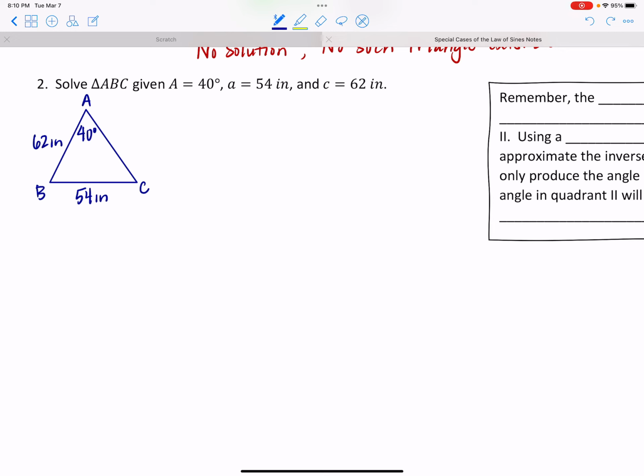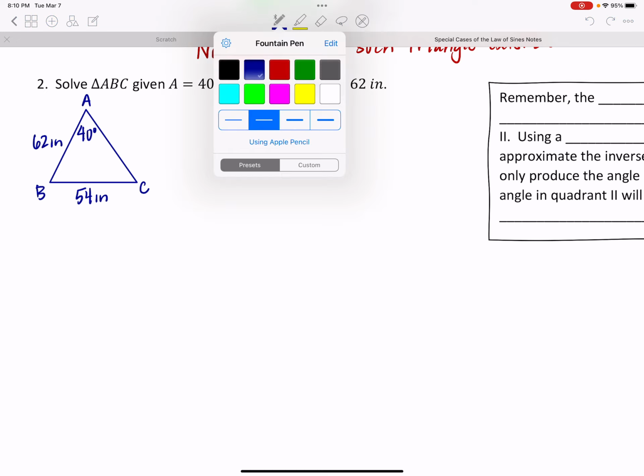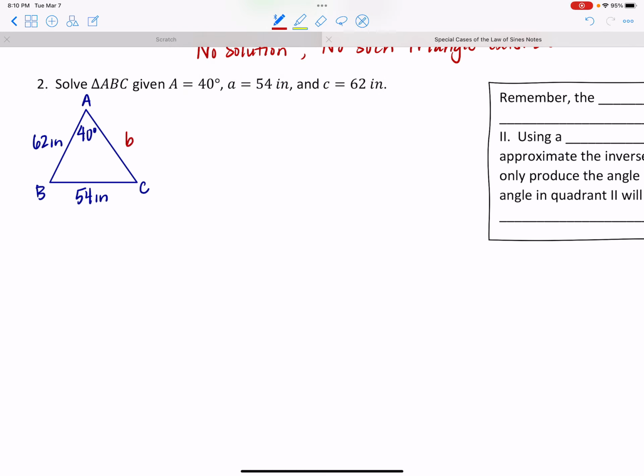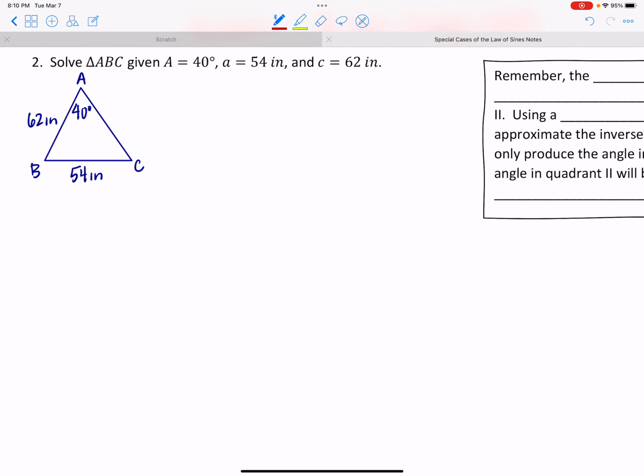So let's say, again, I can't start this by trying to find side length B. If I wanted to, I could say B over the sine of B would be my first ratio. That's an unknown. So I'm not going to start there. I'm going to have to start by finding one of my angles. Let's say I go to find C, and I'm just choosing C. It really doesn't matter which angle you start with, okay?